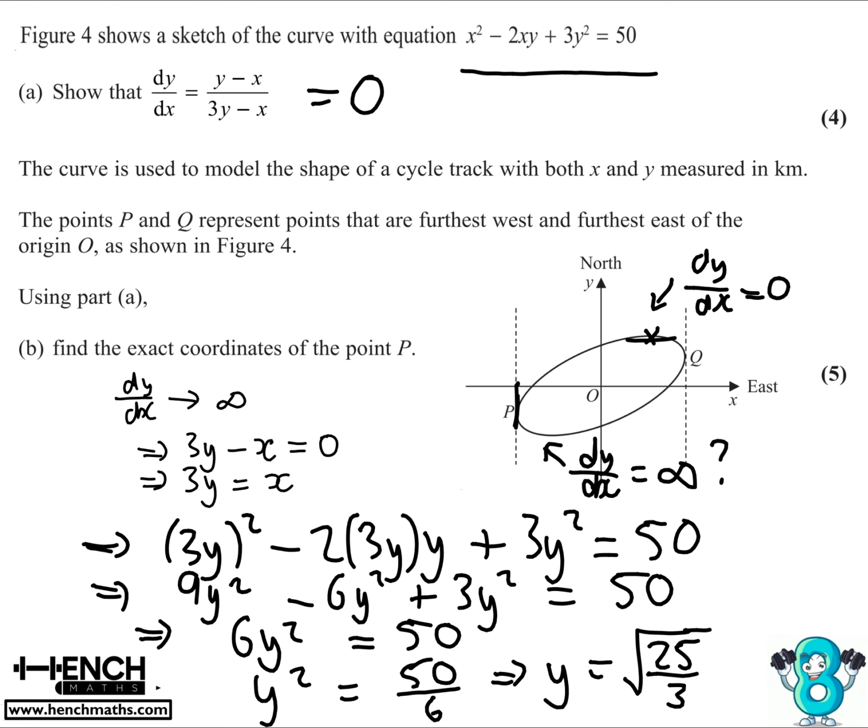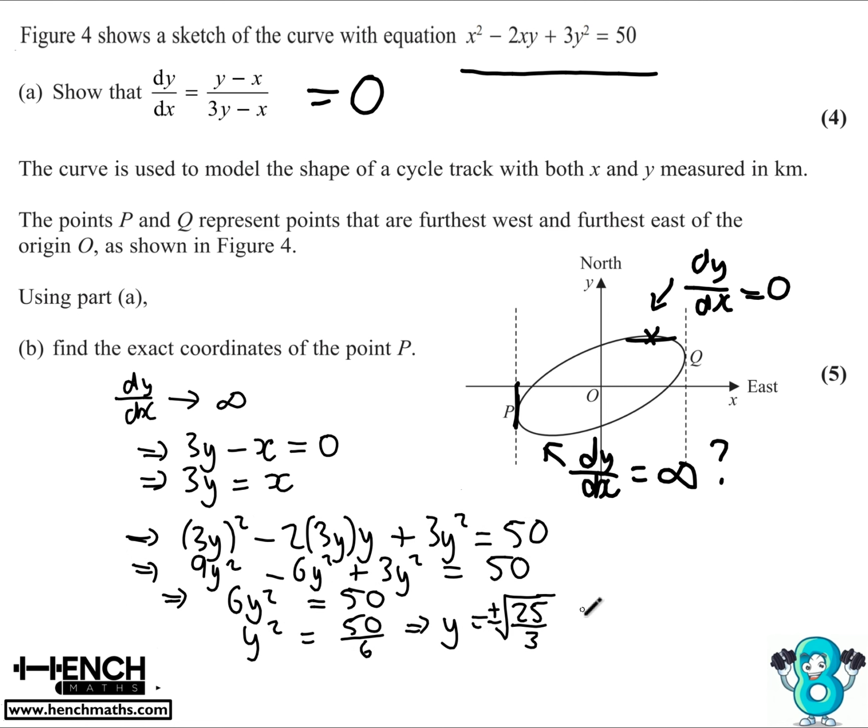We've got to remember when we use a square root to solve an equation, we need to put a plus or minus. We could put this in the calculator, but I quite like to do it ourselves. The square root of 25 is 5, and the square root of 3 would be root 3, plus or minus. So that means it's 5 root 3 over 3 if we rationalize it.